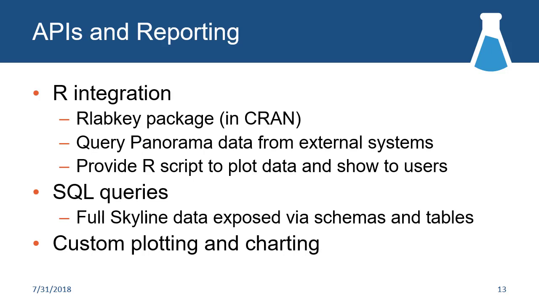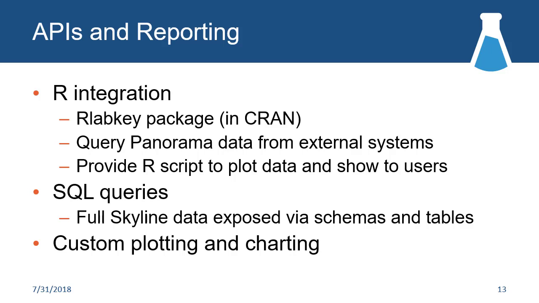So I mentioned before, related to the diagram, that being able to do reporting and APIs is really a critical aspect to a lot of groups, especially as they are moving to higher volumes of samples and want to be able to do these cross-project analyses. And so integration with things like R has been really critical to enable that.